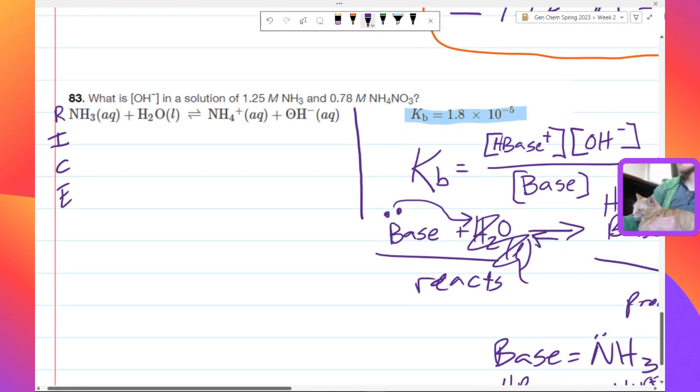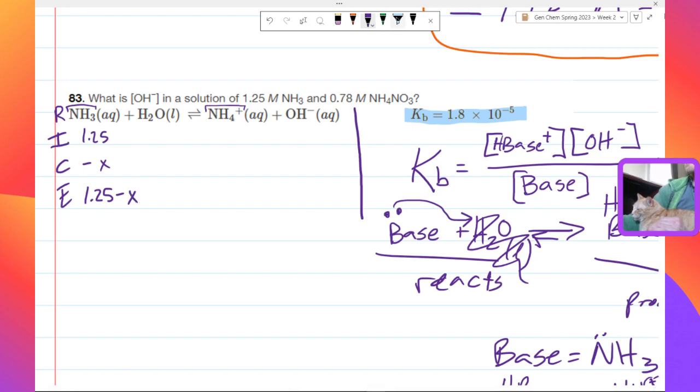It looks like we're starting out with 1.25 molar of ammonia. That is going to go away because when it gains a proton, it becomes a different thing. So the amount of NH3 ammonia, once we're at equilibrium, will have started at 1.25, but it will have lost some amount. Once again, water, we're not thinking about.